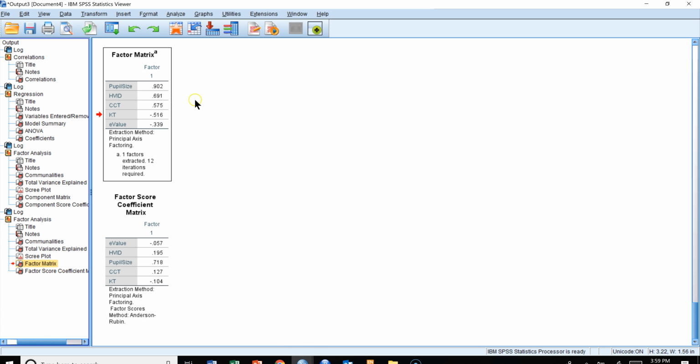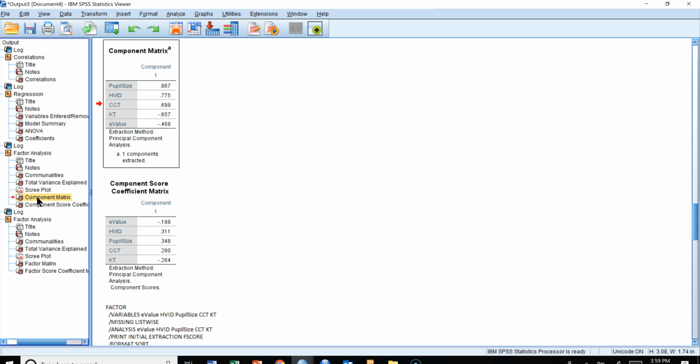In our factor matrix, we see that pupil size is the main one, and it's positive. Let's compare that: it's 0.9. Up here it was 0.867.